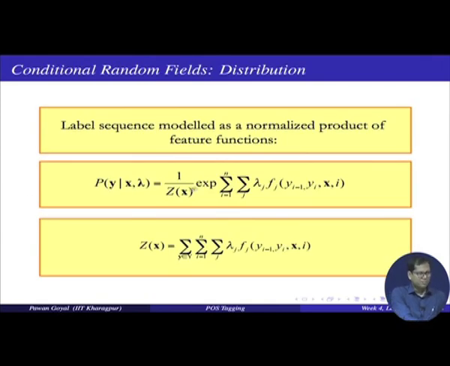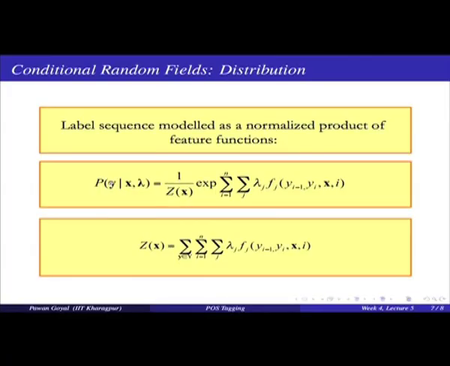The difference comes in how the normalization is done. In the maxent model or maximum entropy Markov model, we are doing normalization for each state. That is, at each state, if I have multiple transitions, I will make sure that the probability for them adds up to 1. This does not happen in conditional random fields.